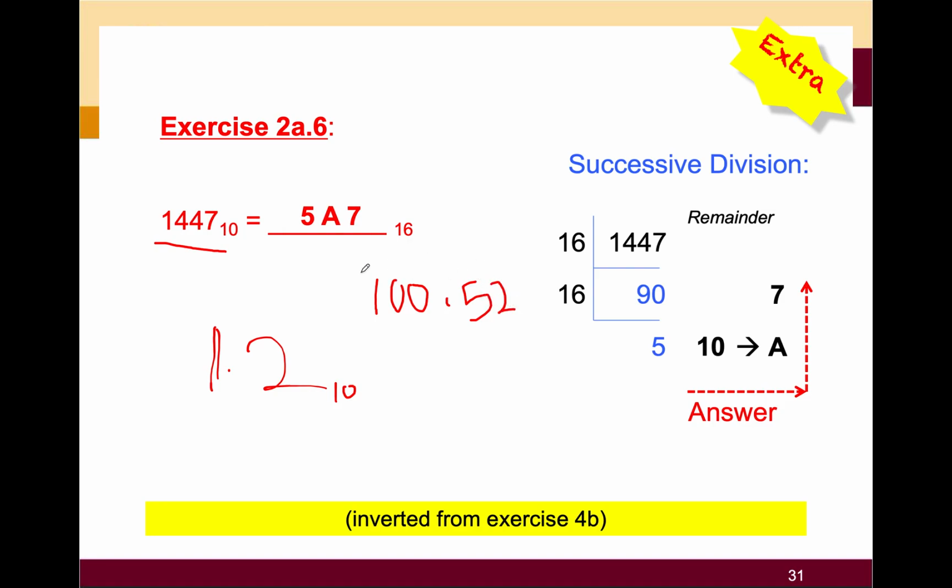Either you can divide it directly. Let's say you want base 16. Can you divide it with the point over here? So the next method, this method is using the division.